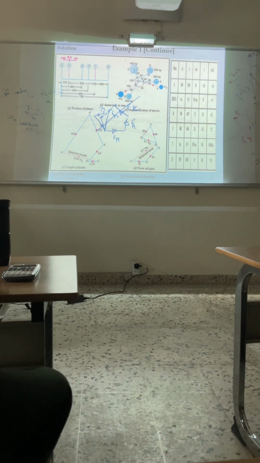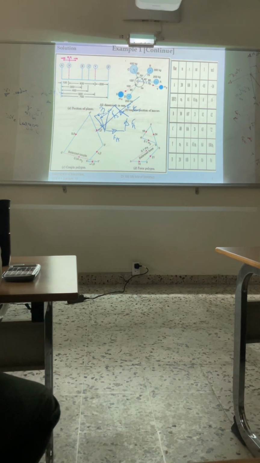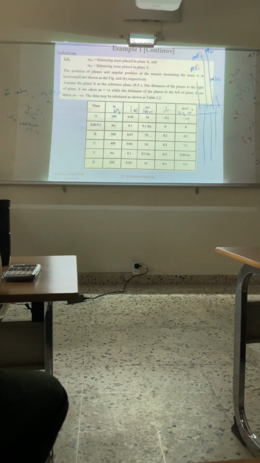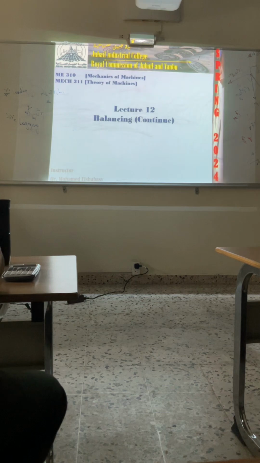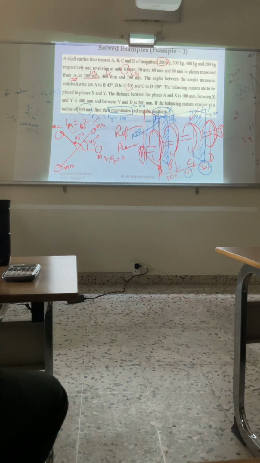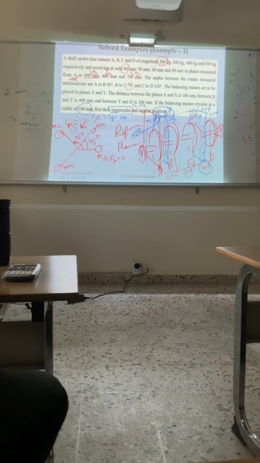Okay? Don't we have MA, RA, MB, RB, MC, RC, MX, MD, RD? We have all of them. My only problem right now is the MX and the MA. So instead of claiming that I'm gonna use the A disk as my reference, I'm gonna allocate my reference at the X plane.